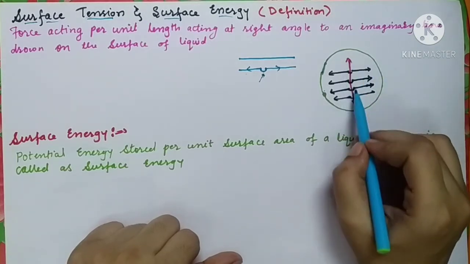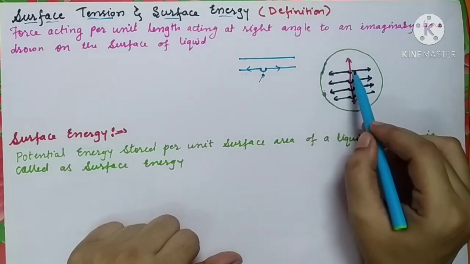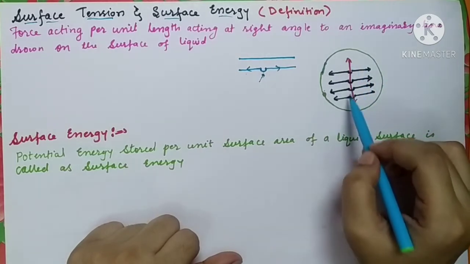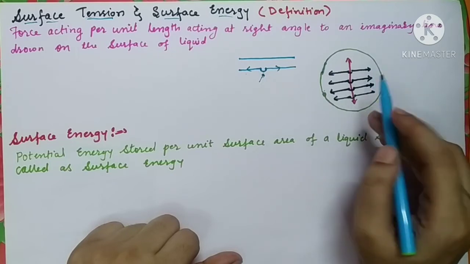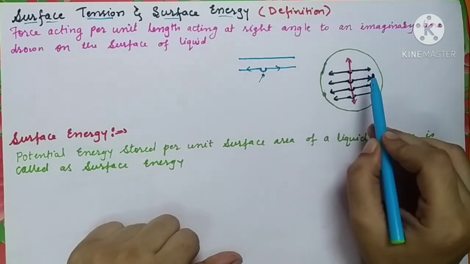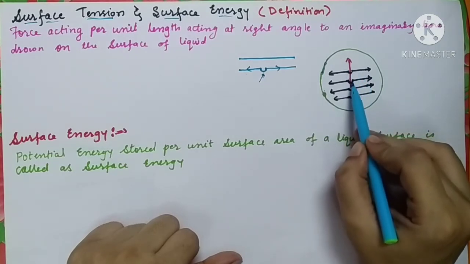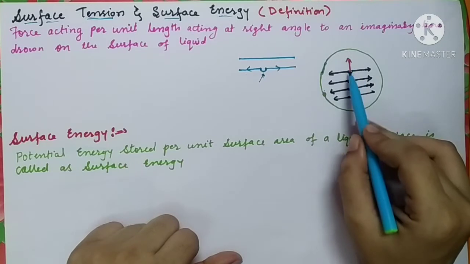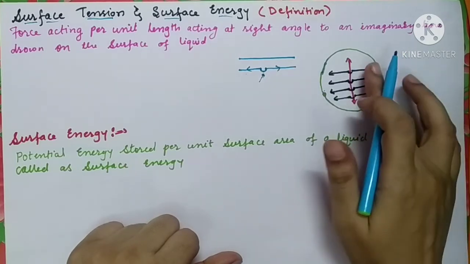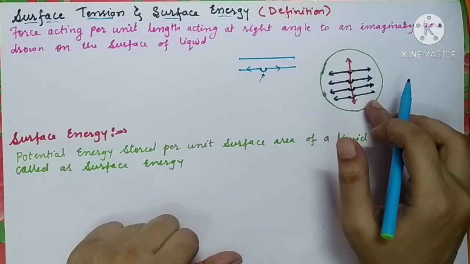So when you place a greased needle, or you can say when you draw one imaginary line, obviously it is an imaginary line over here, once you draw the imaginary line, one kind of deformation will be created over this entire length. So the liquid surface will come into a state of tension or a state of force.